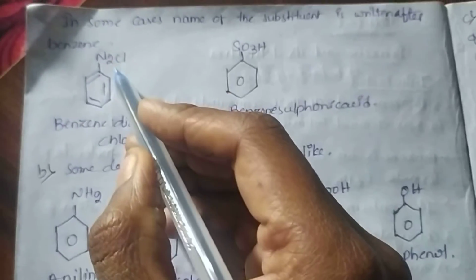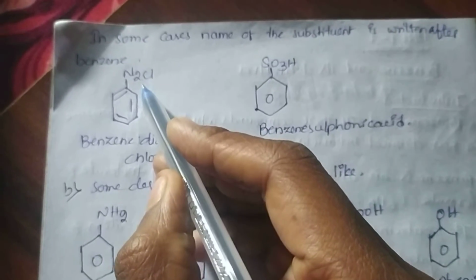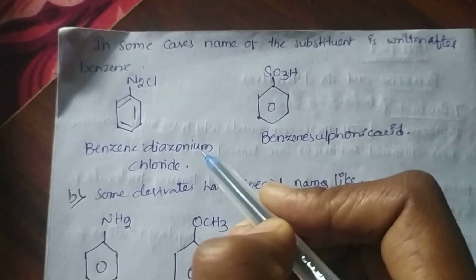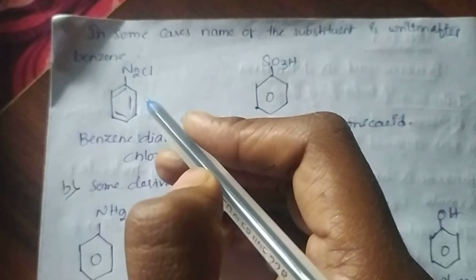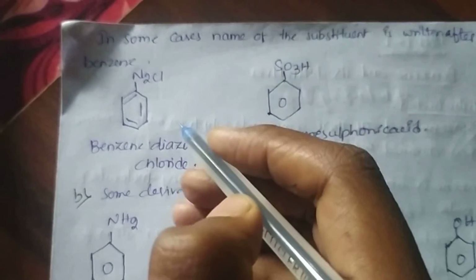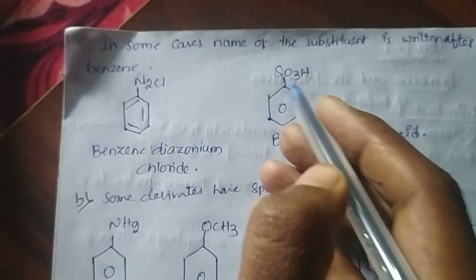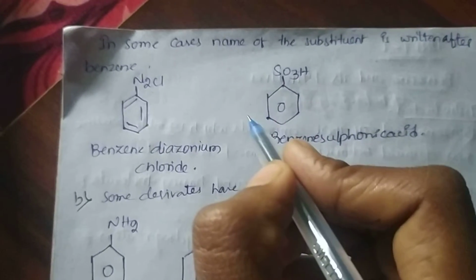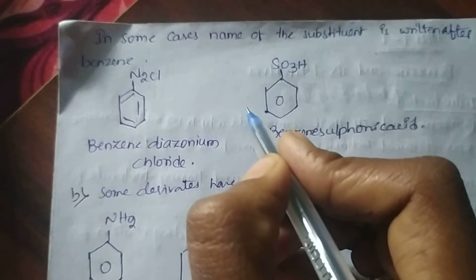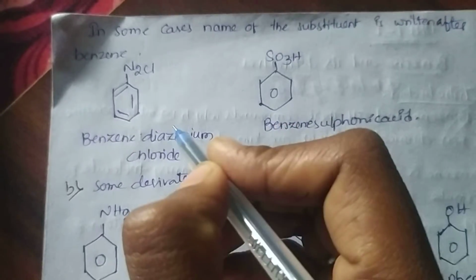Here two nitrogens are there, so it is called diazonium. When nitrogen is attached, it is called azonium. Nitrogen means aza, sulfur means sulfa, phosphorus means phospha, oxygen means thia. Names are given like that.